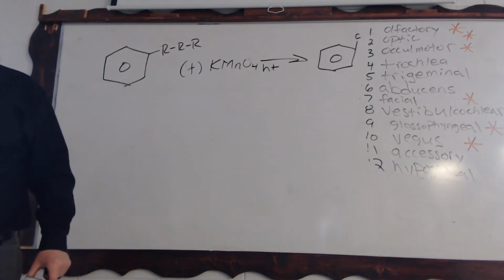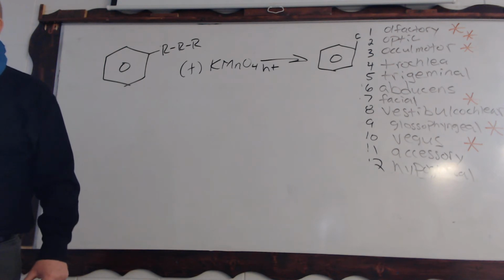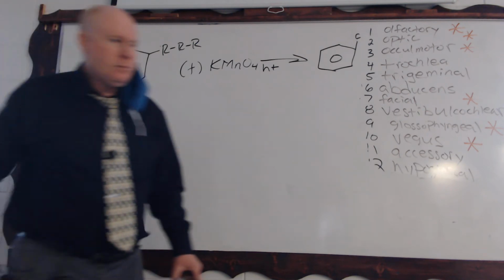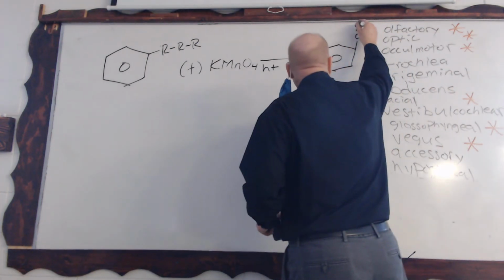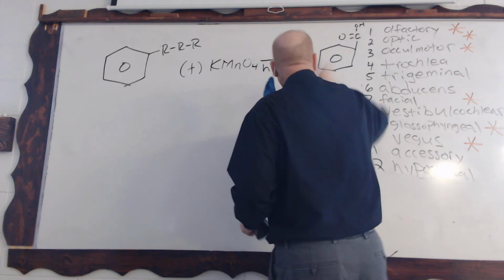Does it tell you on your chart? What is that illustrating? Carbon with a double bond and oxygen. Yes, that's how you make benzoic acid. That's right. So we've got OH up here and a double bond and oxygen there.